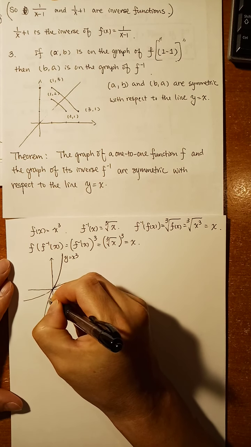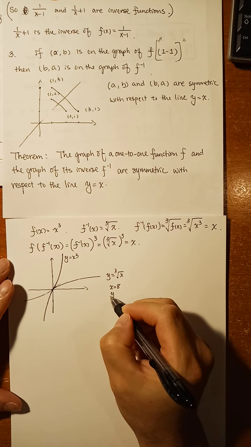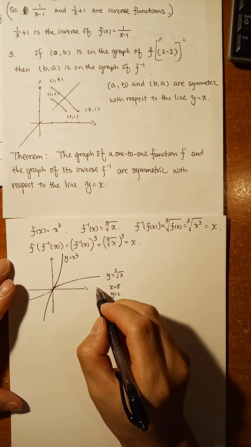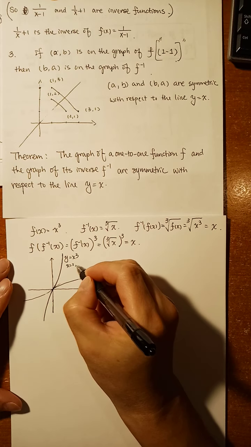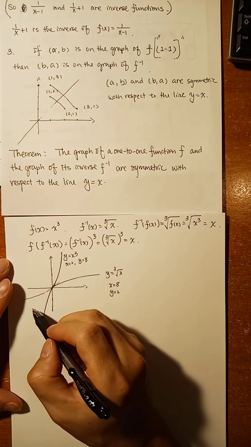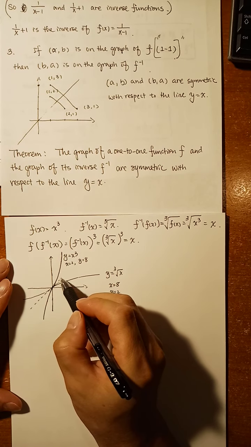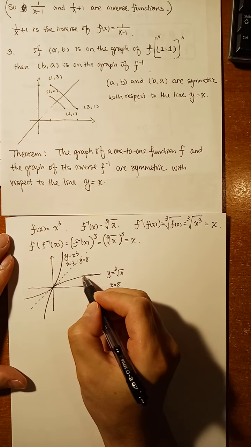Because when x is 8, y is 2, right? So when x is already very large, y is still very small. So here x is 2, y is equal to 8. It will be very tall.